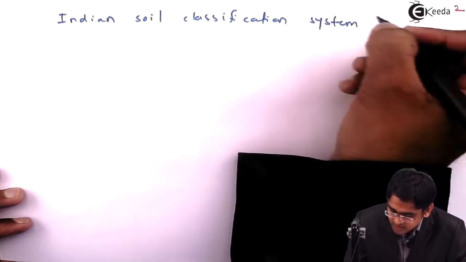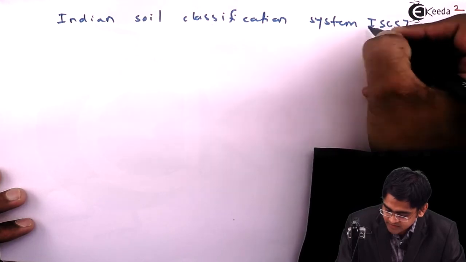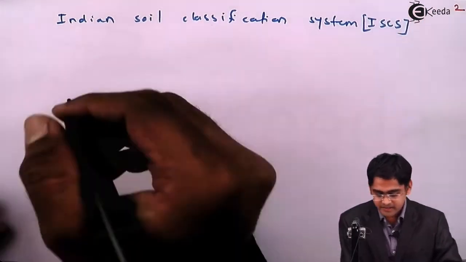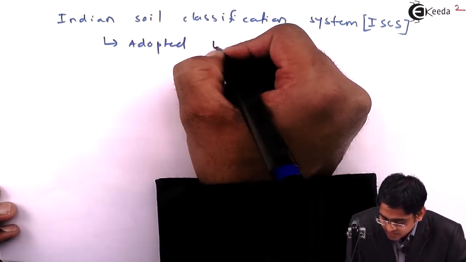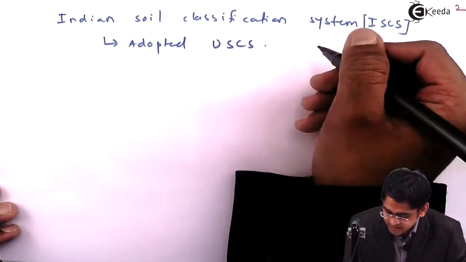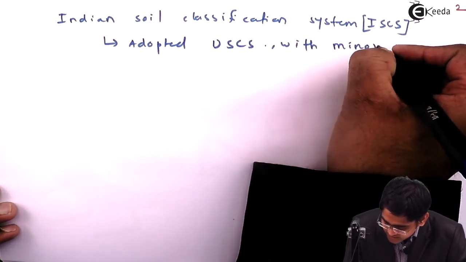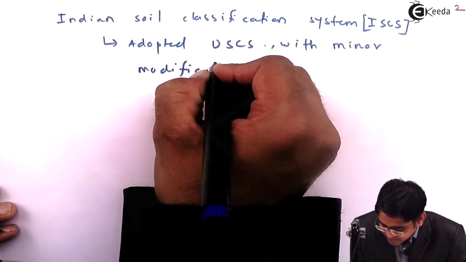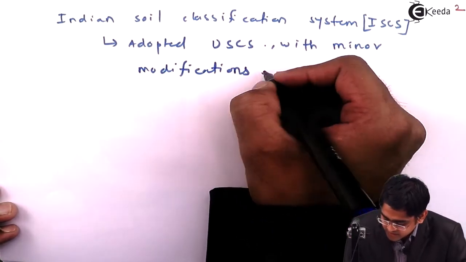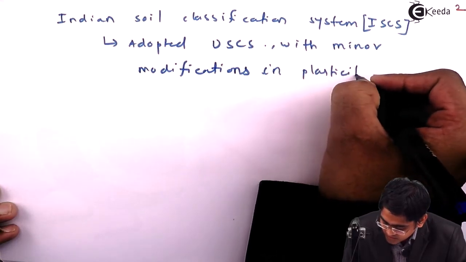We Indians have adopted the Unified Soil Classification System with minor modifications in it, particularly in the plasticity chart.